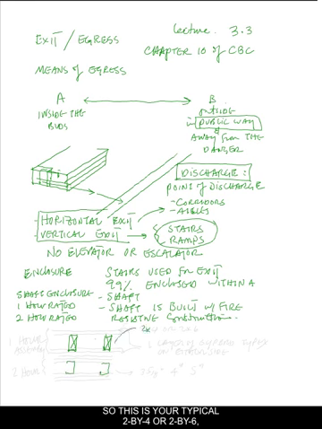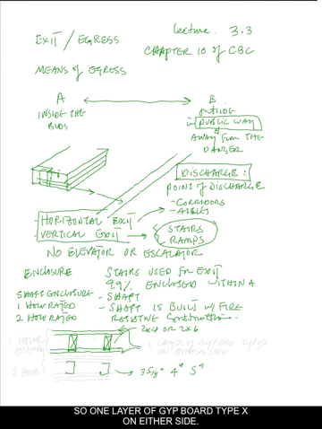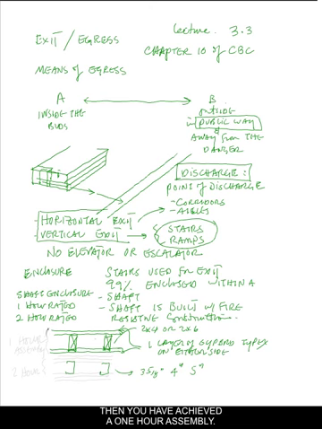So this is your typical 2x4 or 2x6, and the metals would be like 3 5/8 or 4-inch or 5-inch, etc. If you add 1 layer of gypsum, 1 layer of gypsum board type X on either side, then you have achieved a 1 hour assembly.